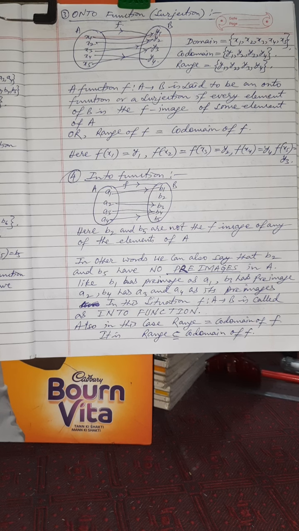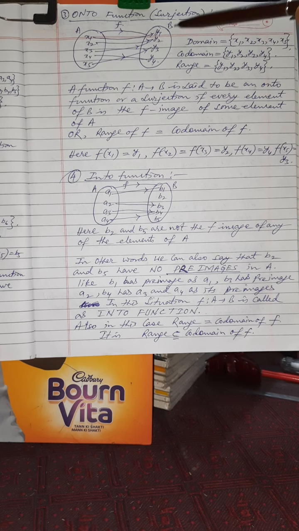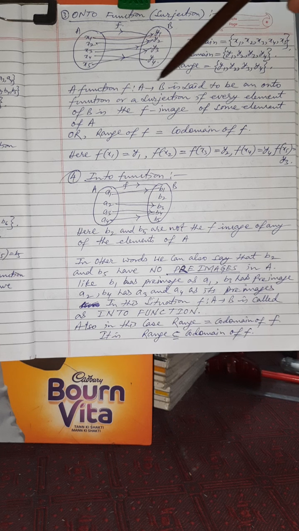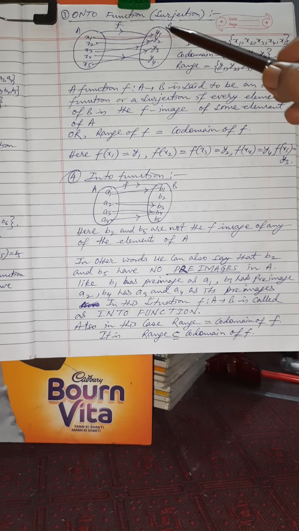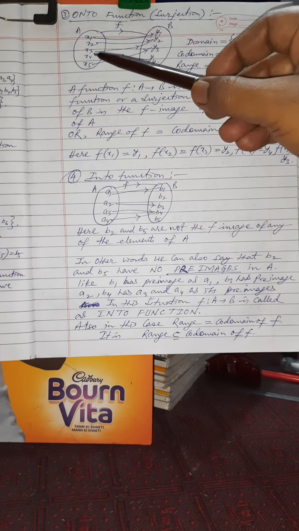What is onto? In shortcut I am explaining: f maps A into B is said to be an onto function if each element present in the capital B has its pre-image.